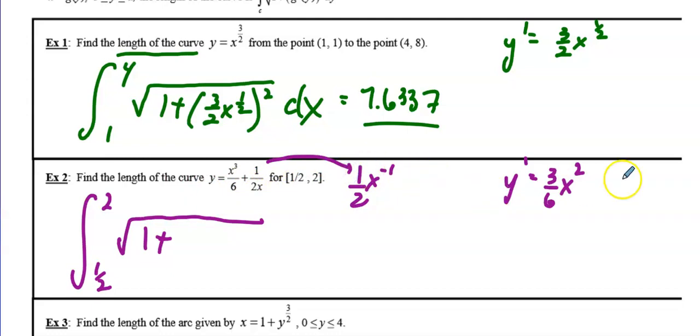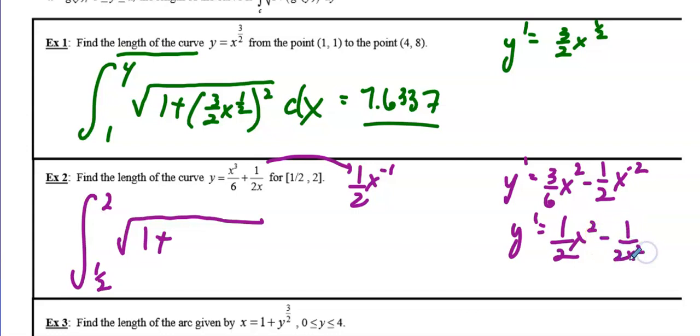That's what this is. So it's easy to find this derivative if you just think about it like this: it's going to be minus 1/2 x to the -2 power. To simplify, this is 1/2 x squared, and this is minus 1/(2x squared).